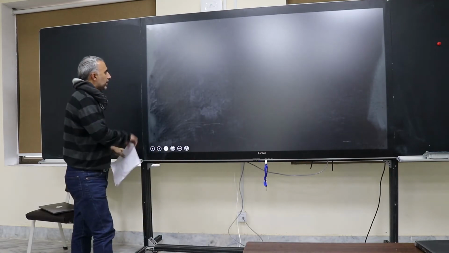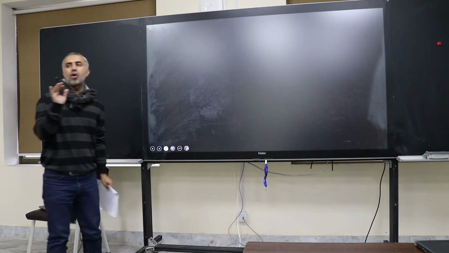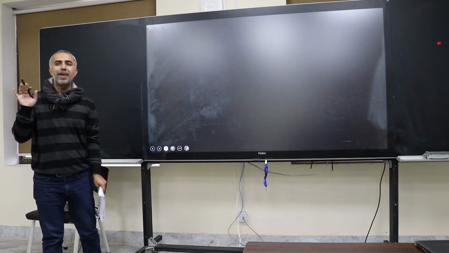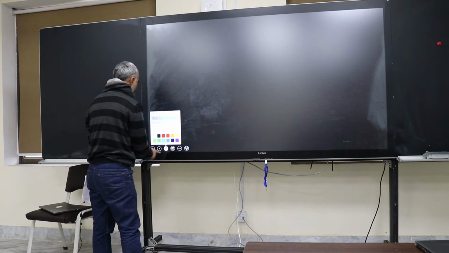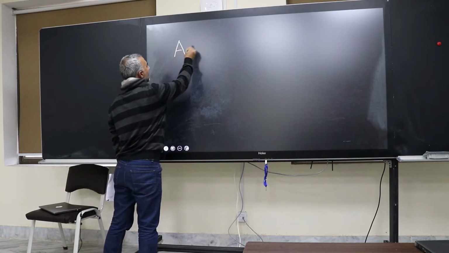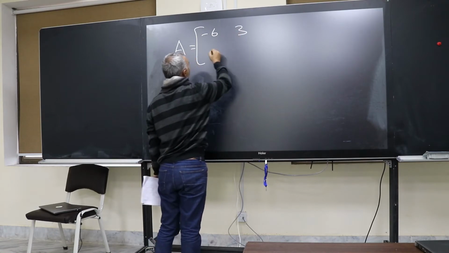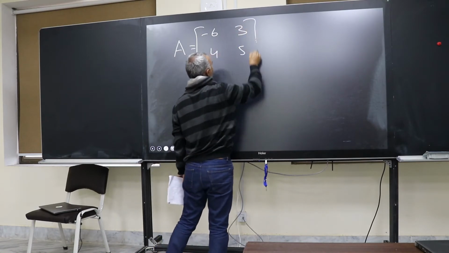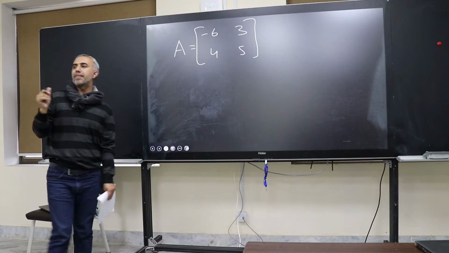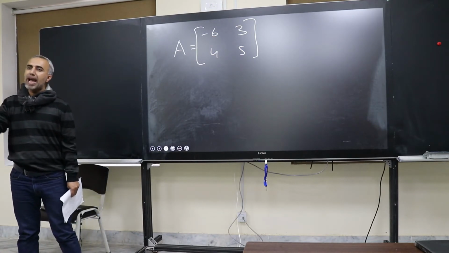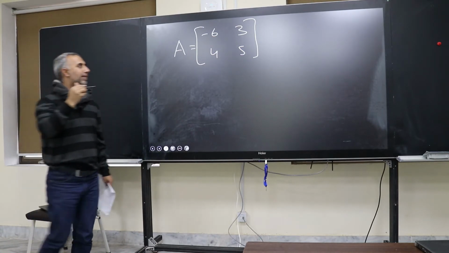If you don't know any eigenvector, and only the matrix A, [-6, 3; 4, 5], is given, you need to determine the eigenvalue as well as the eigenvector.